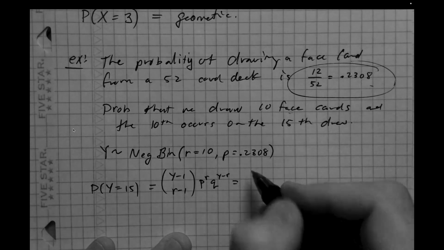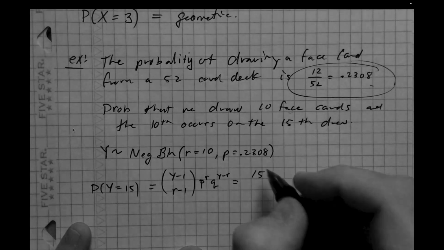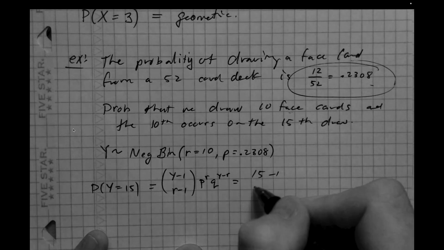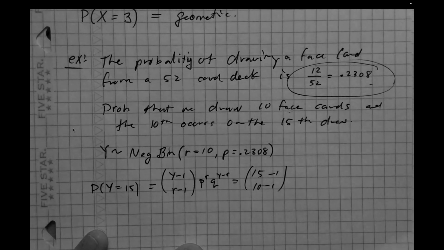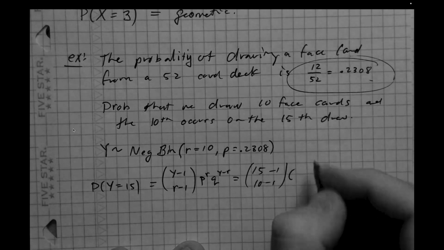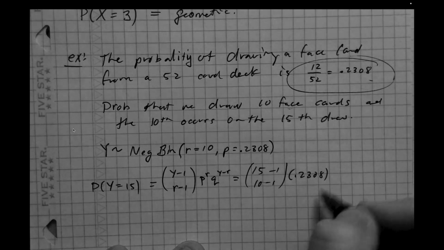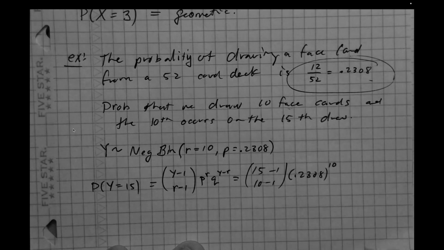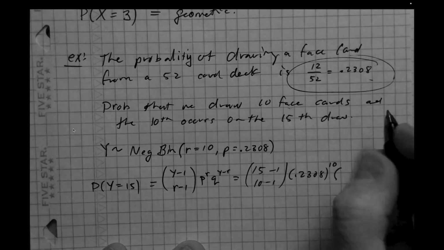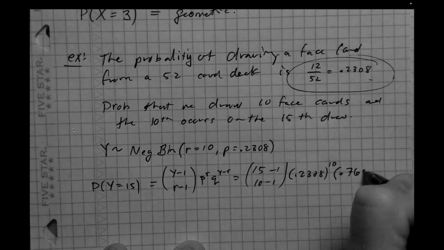Right, and so for our case, we've got 15 is our sample size. That's how many things we're going to draw. So 15 minus 1, and then we want 10 successes of 10 minus 1. So 15 minus 1, choose 10 minus 1. And then our probability of success is 0.2308 to the r power, which is 10, and then our probability of failure is 1 minus 0.2308, which happens to be 0.7692.